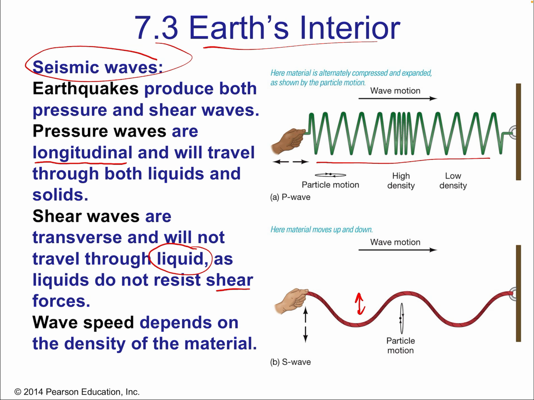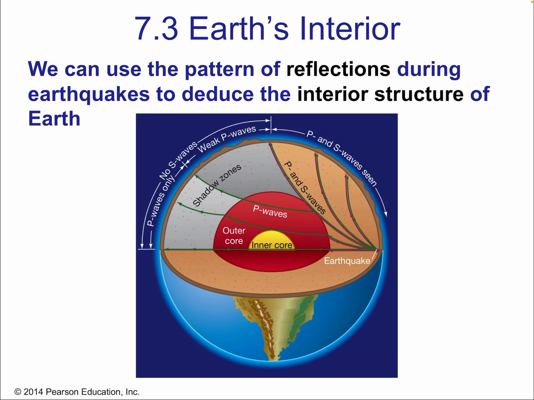And this is very important for the study of earthquakes and the use of earthquake data to study the interior of the planet. Okay? So we can use the pattern of reflections from those two types of waves to deduce the interior structure. Imagine these scientists collecting a whole bunch of data and mapping out the interior structure by where they see waves travel.